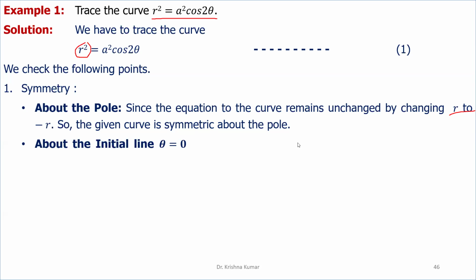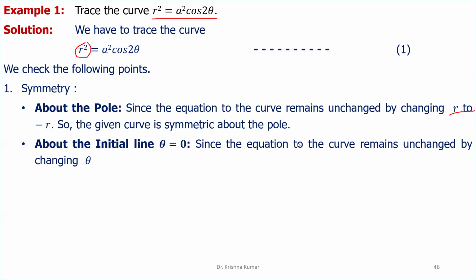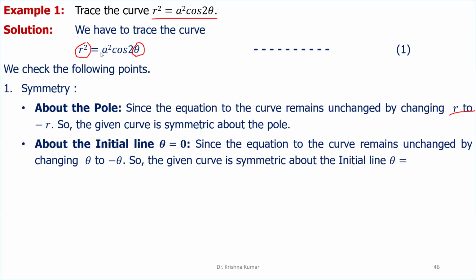The second symmetry is about the initial line theta equal to 0. How to check the symmetry about the initial line theta equal to 0? We have to replace theta by minus theta, and if the equation of the curve does not change, then we can say that the curve is symmetric about the initial line theta equal to 0.